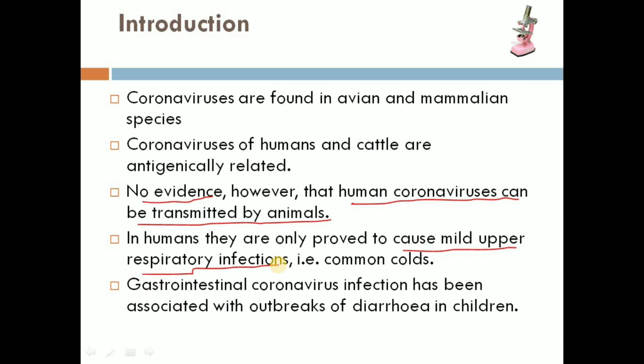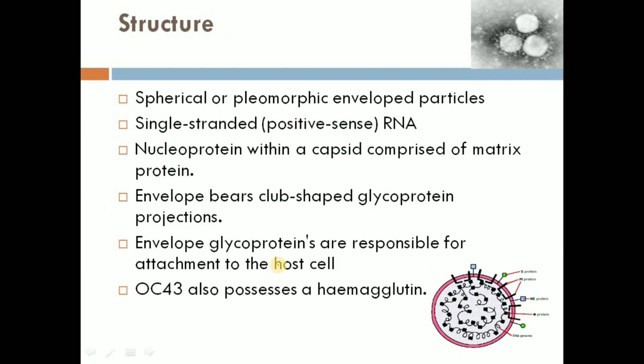These are very important points to remember. Also, studies show a gastrointestinal tract infection may be caused by coronavirus species, with an associated outbreak of diarrhea in children, but there is no particular study showing this properly. So remember, coronavirus is found in avian and mammalian species.